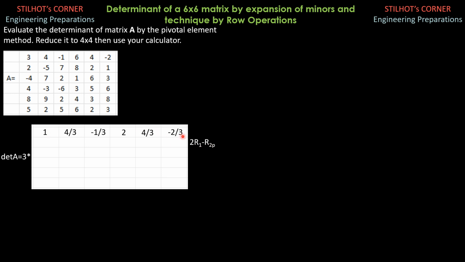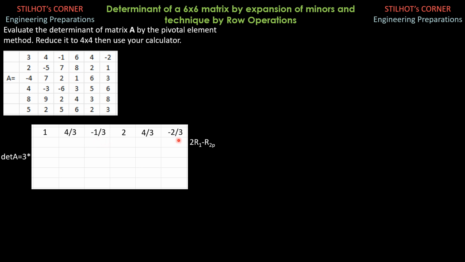So of course, 2 times 1 minus 2 is 0 here. 2 times 4/3 minus negative 5, that would be the value here. 2 times negative 1/3 minus 7, that would be the value here.